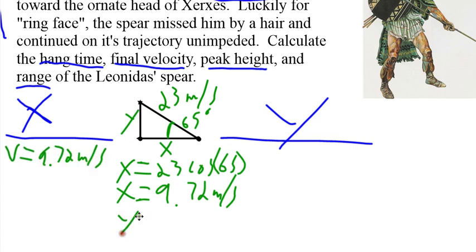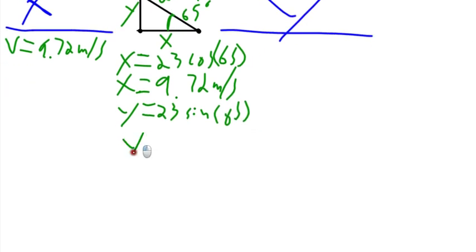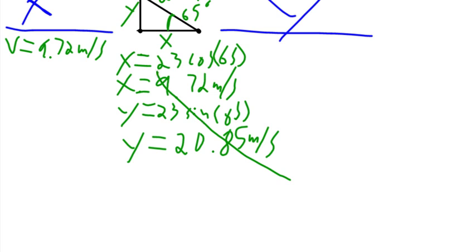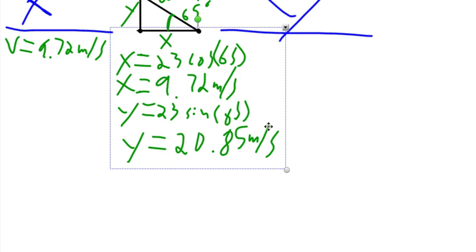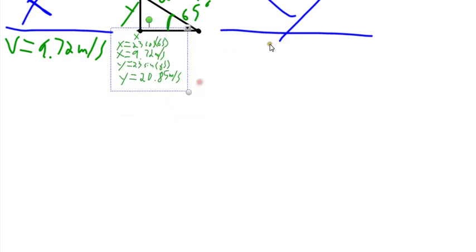And now for the y, I'm going to use the opposite and hypotenuse, so I'm going to use sine. This will be 23 sine of 65, which gives me a y component of about 20.85. This will go in the y. What I want to do now is group all this together and put it off to the side.